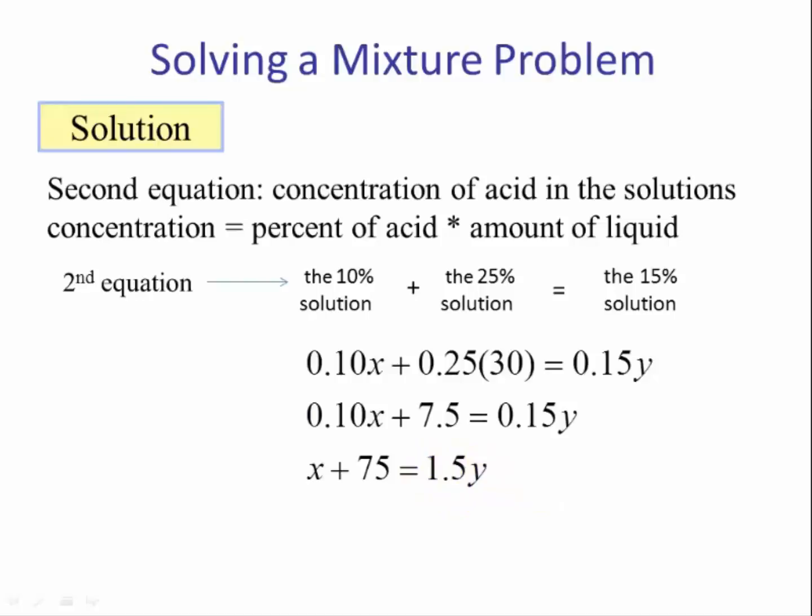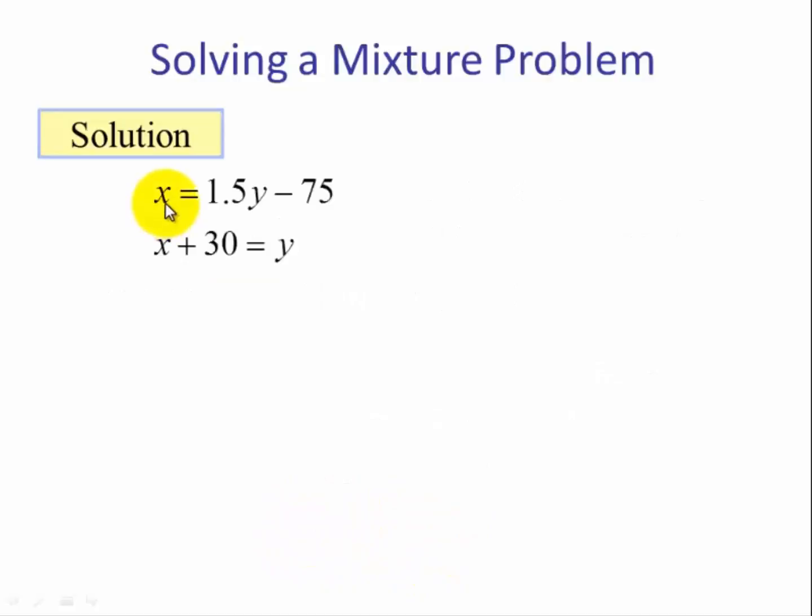Solving for x, I subtract 75 from both sides, and we have x equals 1.5y minus 75. So this equation is equivalent to this equation. Now to solve the system, we have x equals 1.5y minus 75, and we have x plus 30 equals y.